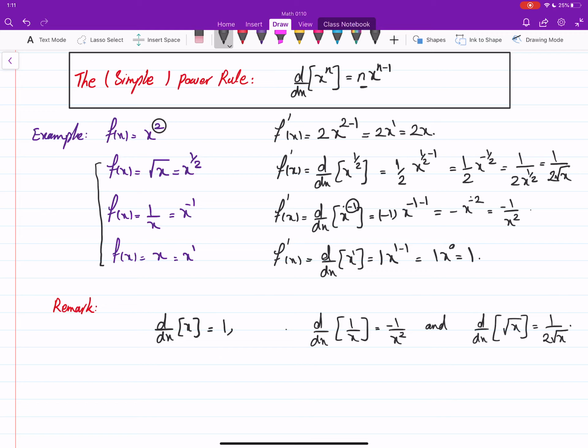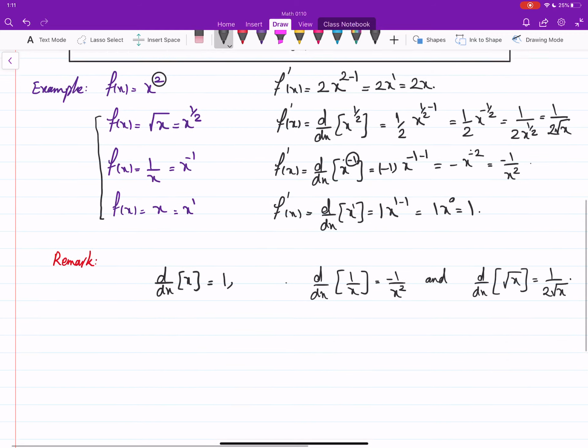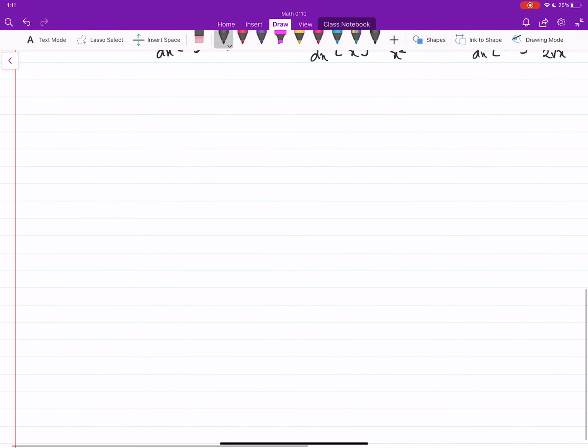So that's the simple power rule. But we need to have more rules. This is the third one. It's called the constant multiple rule. What does the constant multiple rule say?